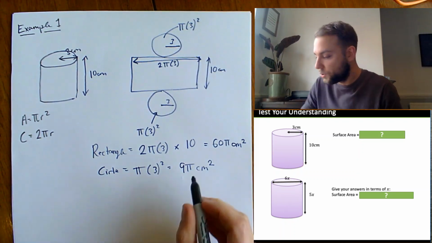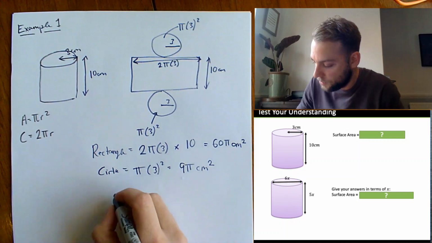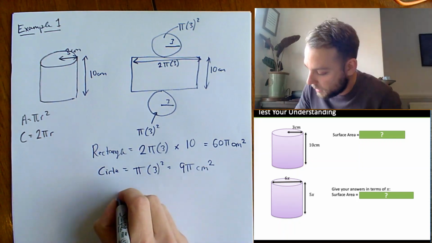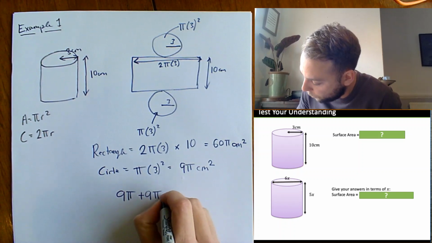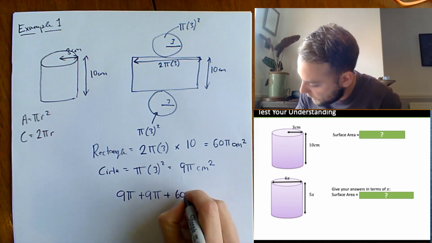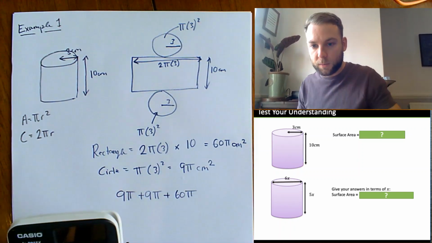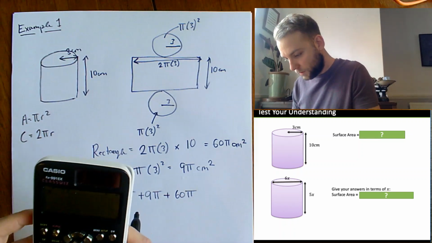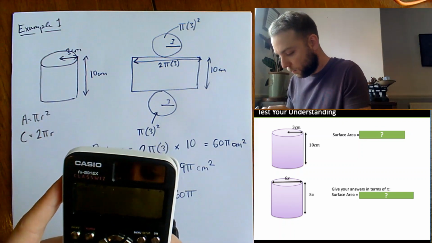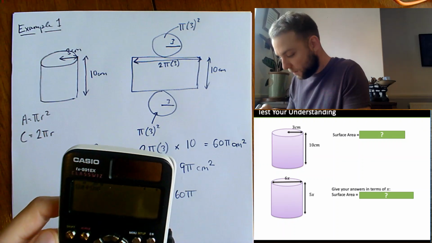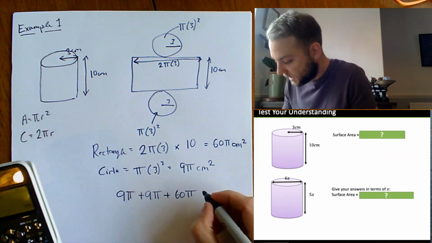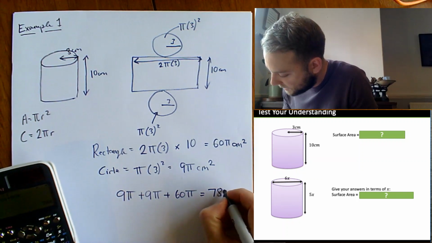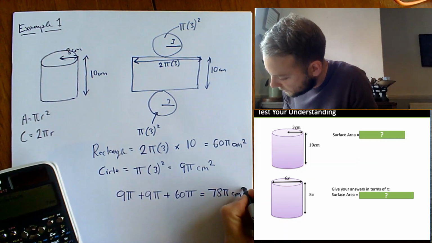Okay, there's 2 of these and the rectangle, so it's going to be 9 pi plus 9 pi plus the 60 pi. We can do it all in terms of pi if we want: 9 shift pi plus 9 shift pi plus 60 shift pi. I mean, we could probably do that in our heads, which is equal to 78 pi centimetres squared.